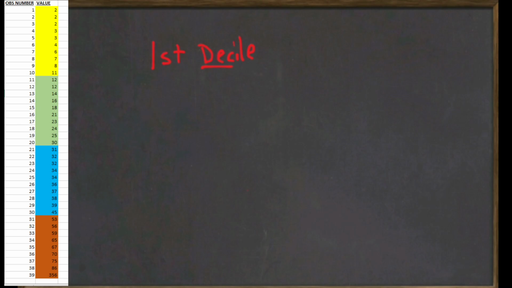We would refer to it as, so LP, remember, is n plus 1 and p over 100. And so here this again is going to be 39 plus 1 and then 10 over 100. And so that's going to be 4 in our case. So the fourth observation here is 3. And so the first decile is 3.